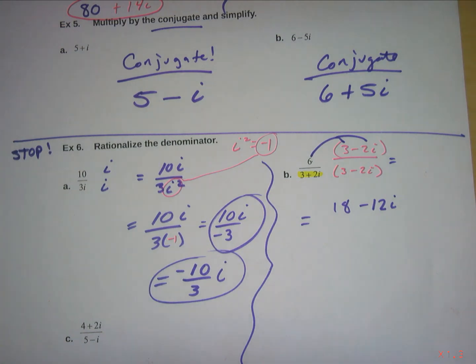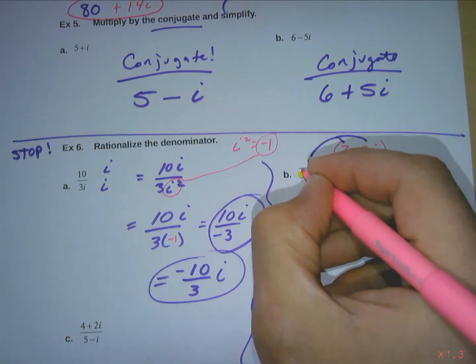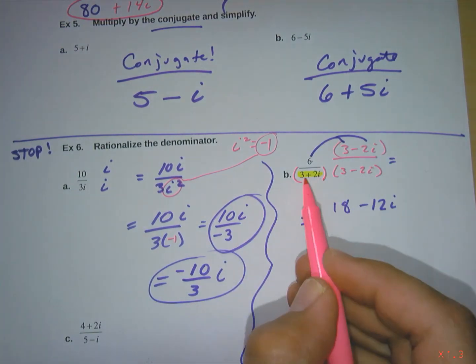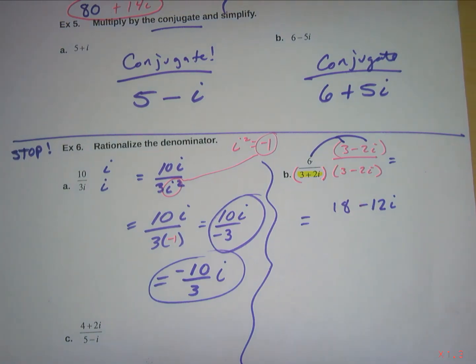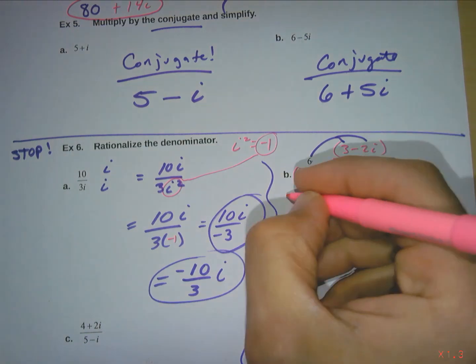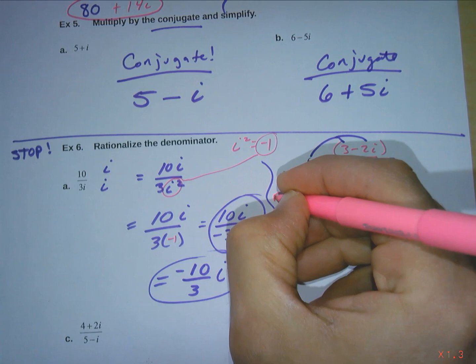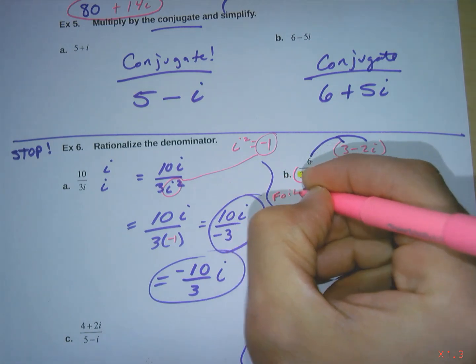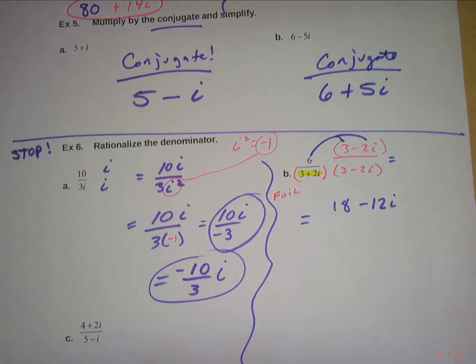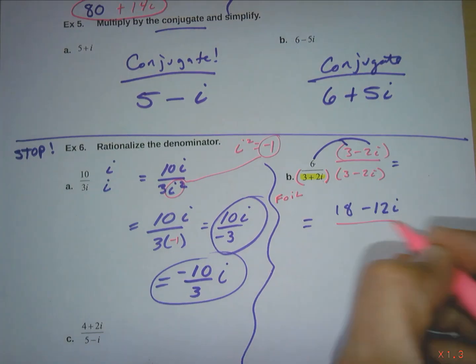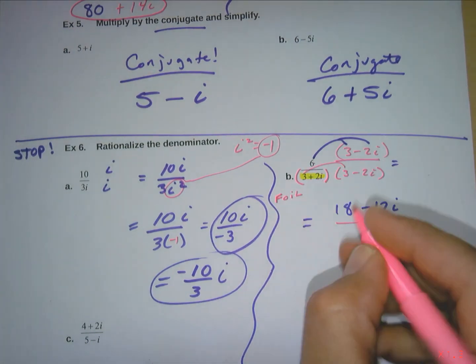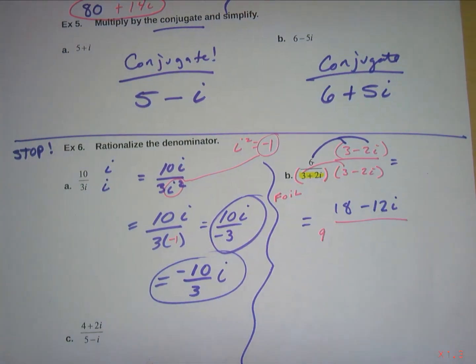All right, what do we have to do on the bottom? Same thing. We have a binomial times a binomial. What do you have to do? What's 2 times 2? 4. That four-letter F word you can say in math class: FOIL. We can FOIL this thing. Take a look at what happens. I'm going to take 3 times 3, that's 9.